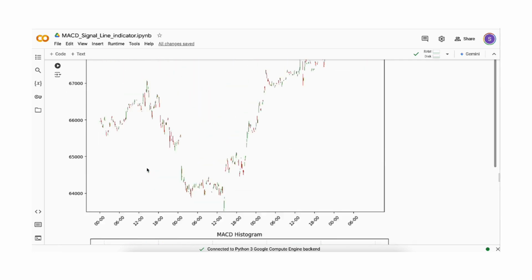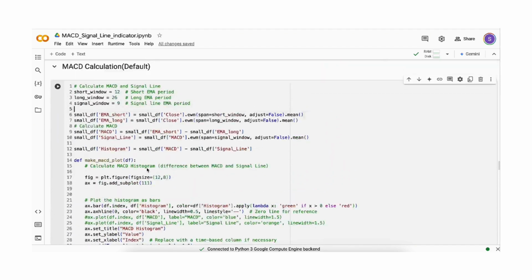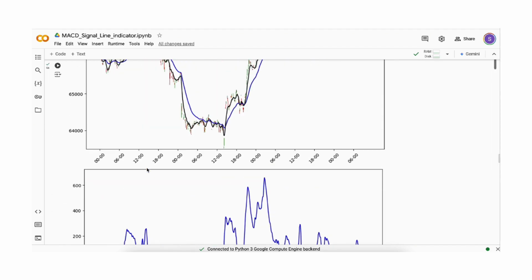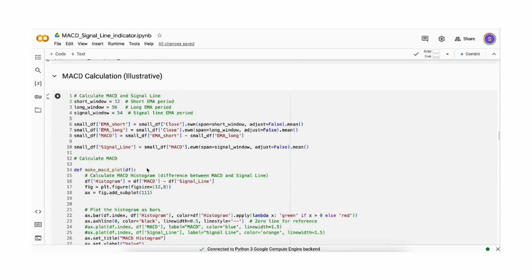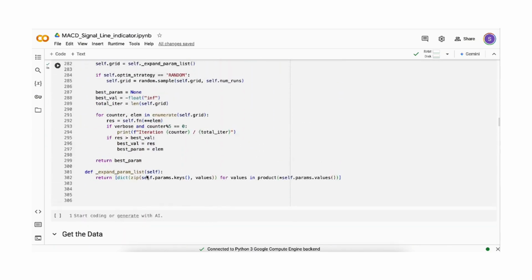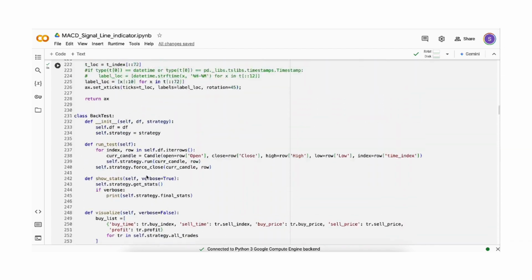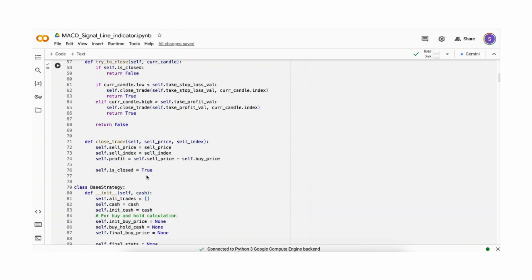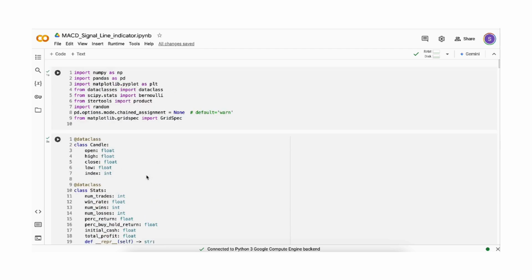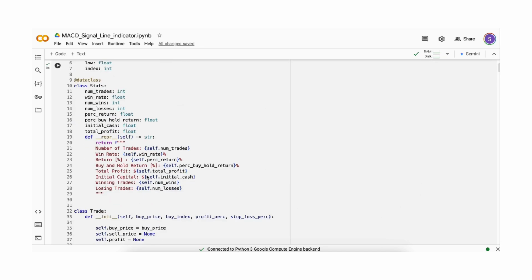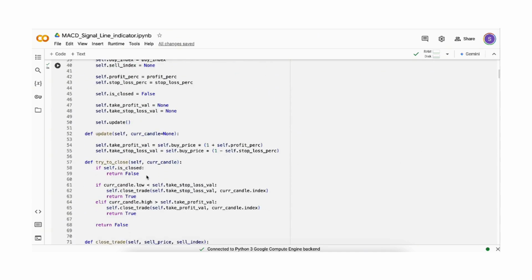So now let's come to the backtesting part of our video. As you know already, in most of my videos, I show how to backtest some of these strategies in Python. I use my own backtesting library, which I will link to in the description below, as well as on the video. And you can see how we built the backtesting library.